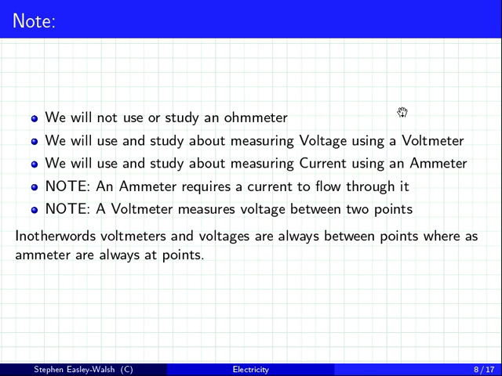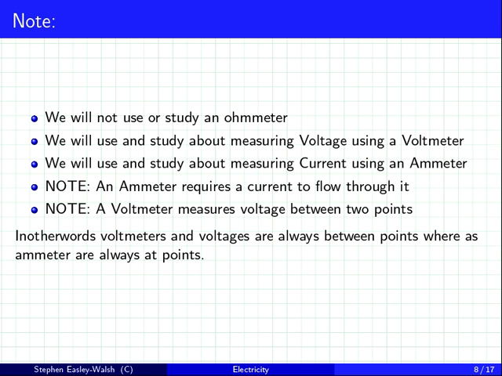So I need to try and explain this with a wire. I can just unplug my cable here. Let's pretend that this is the ammeter.